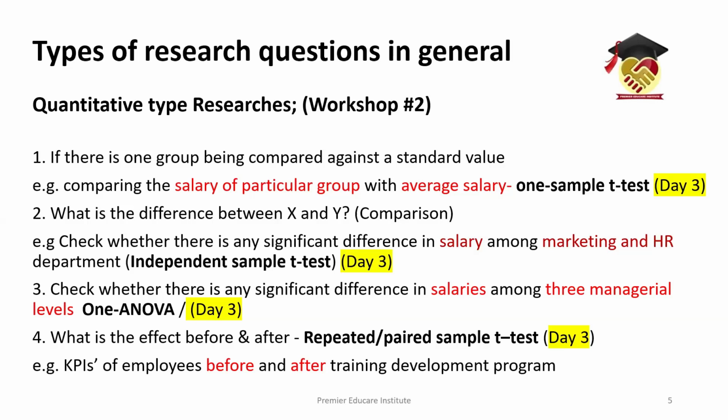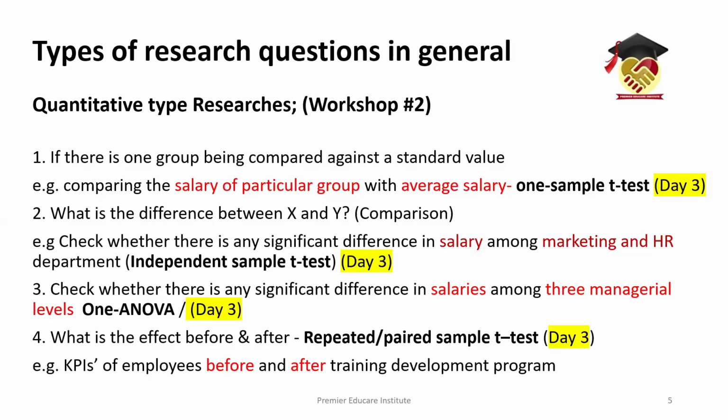So the second one, you are having the independent sample. Independent sample t-test, which is called student t-test, or two sample t-test, means you have one group which is an experimental group, another group is a control group.